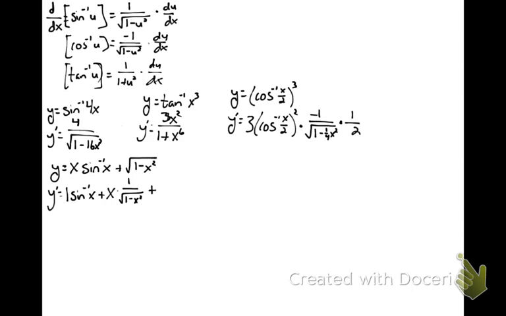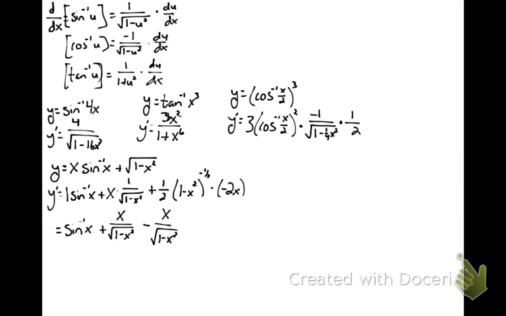the square root of 1 minus x squared is the same thing as that to the 1/2, so if we use the power rule and the chain rule, we'll have 1/2 times 1 minus x squared to the negative 1/2 times negative 2x, and it's going to really bother me if I don't clean this up, so I'll rewrite this as the inverse sine of x plus x over the square root of 1 minus x squared minus x over the square root of 1 minus x squared, and since all that stuff cancels out, we're left with just the inverse sine of x.